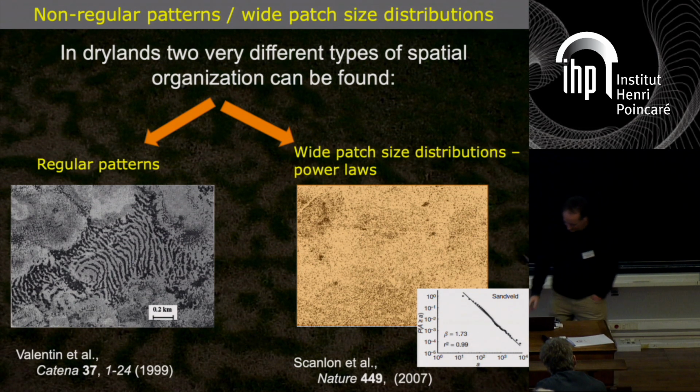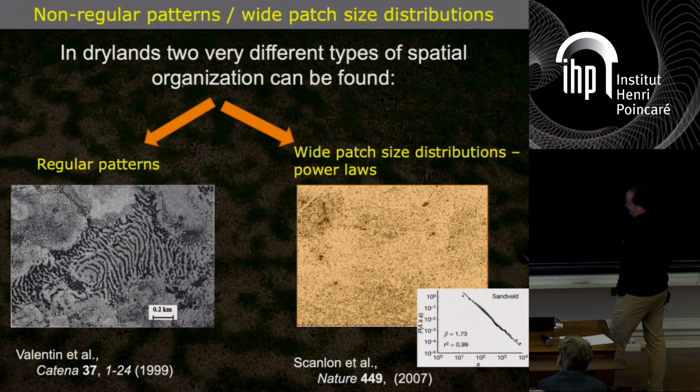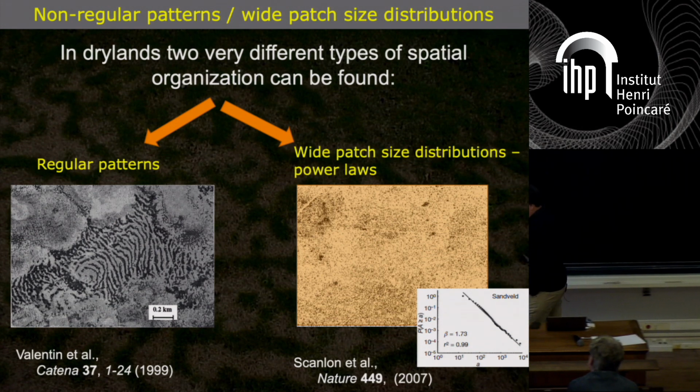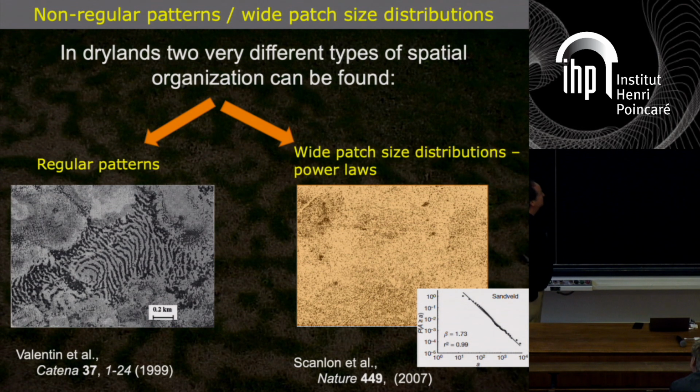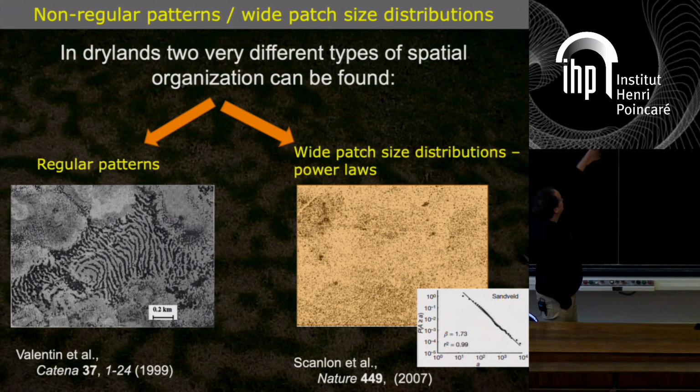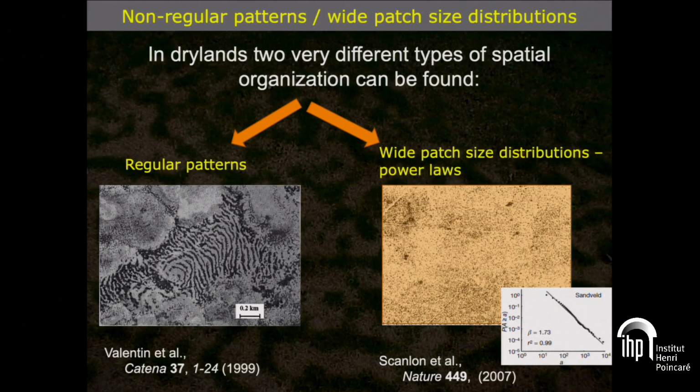And also, these non-regular patterns seem to have some structure to themselves, in the sense that there has been some literature discussing the fact that if you take some aerial photographs of vegetation, you group the vegetation by size of vegetation patches.